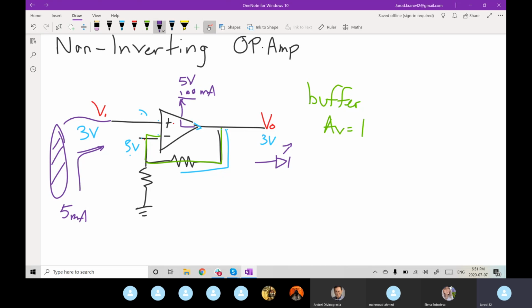So it doesn't impact the signal in any way. It purely just allows it to carry on at a higher current rating. Make sense?